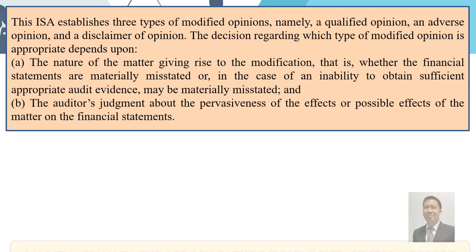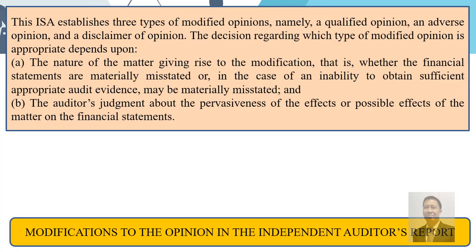Okay, so talking about ISA 705, there are three types of modified opinions. We have qualified opinion, adverse opinion, and a disclaimer of opinion. So when the auditor opts to issue a modified opinion, they have to mention the reason why they are modifying the report, whether it's materially misstated or they are unable to obtain sufficient and appropriate audit evidence.